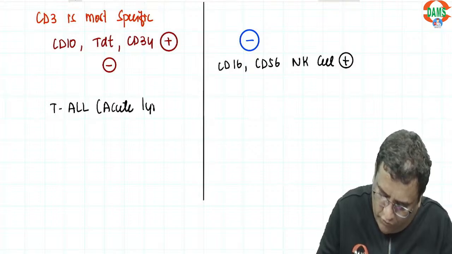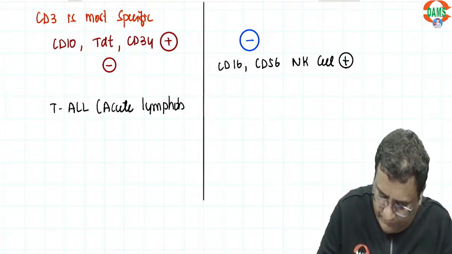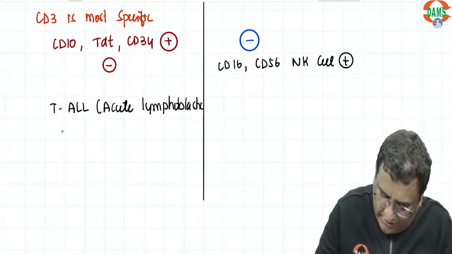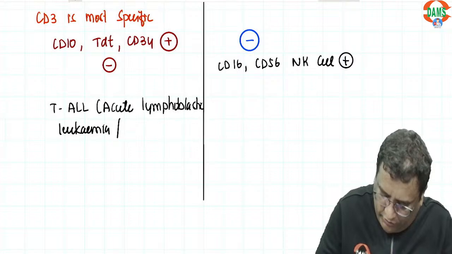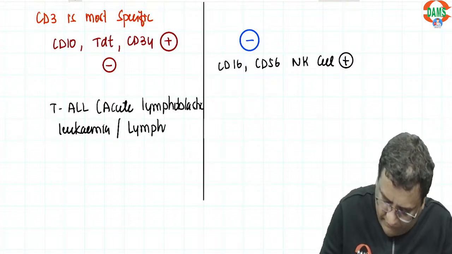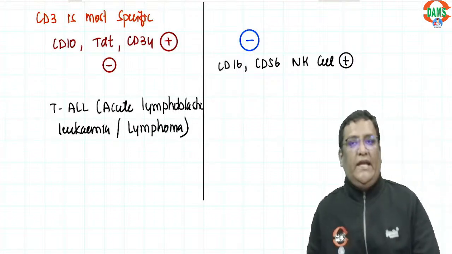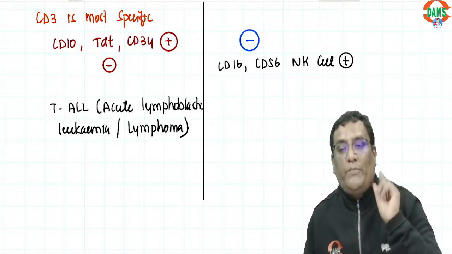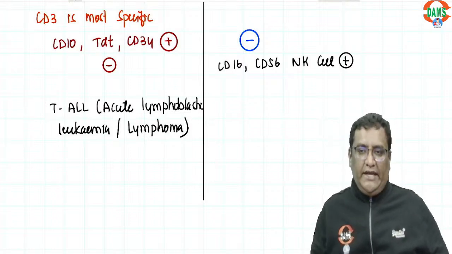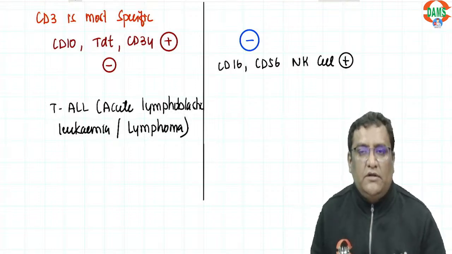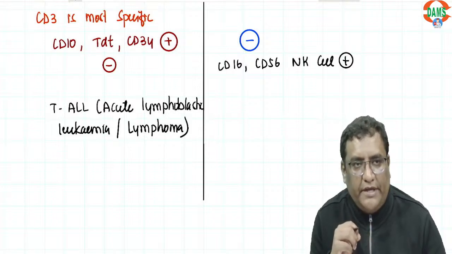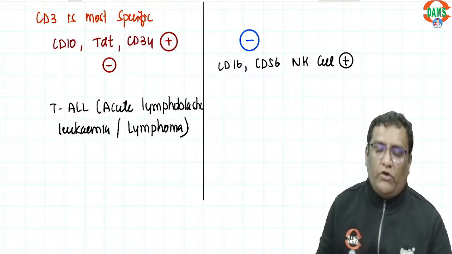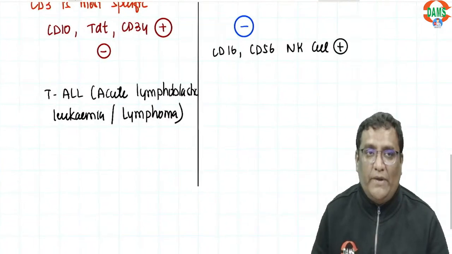Acute lymphoblastic leukemia or lymphoma. So T-ALL is the only neoplasm arising from precursor T.